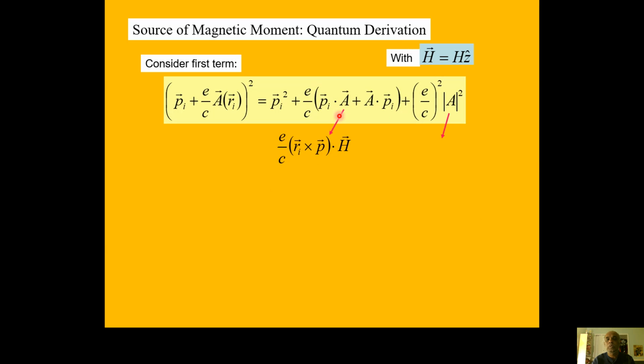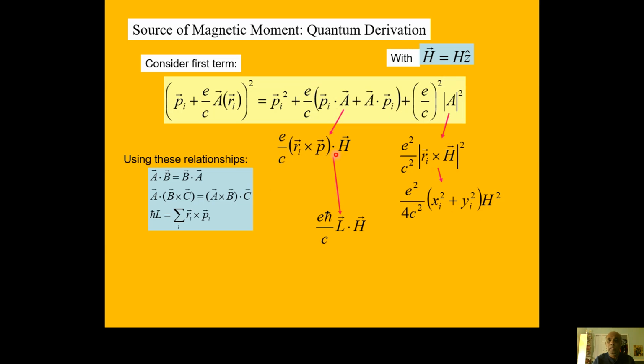Actually, a factor of 2 should also be here, so don't worry about that. So A is given by R cross H. Then you can easily find H is constant, H squared times R squared becomes x squared plus y squared. Here, R cross P dot H, what is R cross P? That is basically L, right? The angular momentum dotted with H.